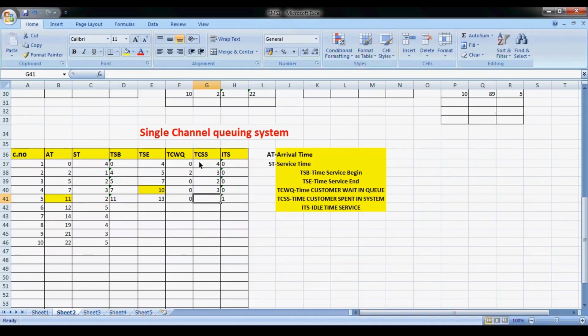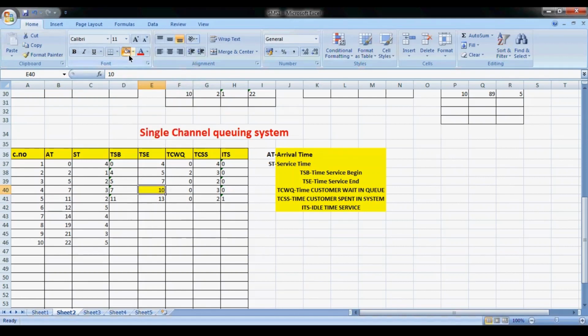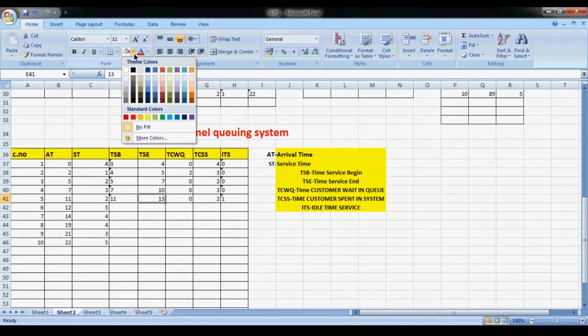Next we need to find time customer spent in a system. That is 13, time service end, minus arrival time. 13 minus 11 will get as 2 minutes the customer is going to be spent in a system. Next, the server is going to finish the operation at 13, the customer is coming at 12.